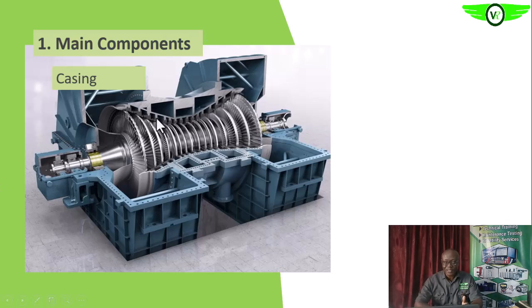Remember, the steam turbine is made up of these two major components: the rotating part and the stationary part, the rotor and the stator. As we'll see later, the casing also has other components on it.